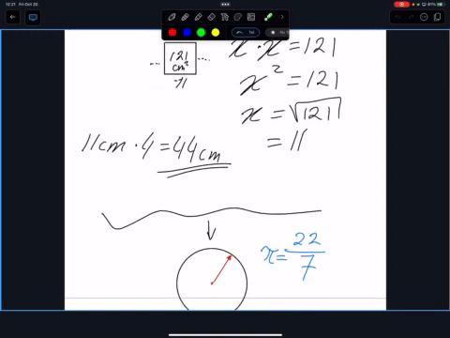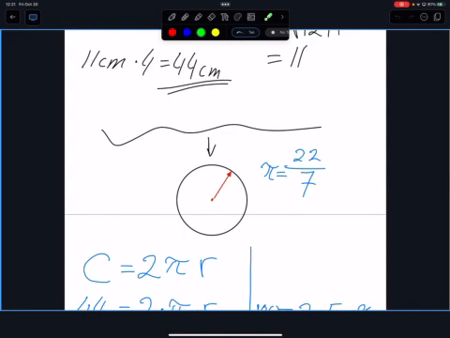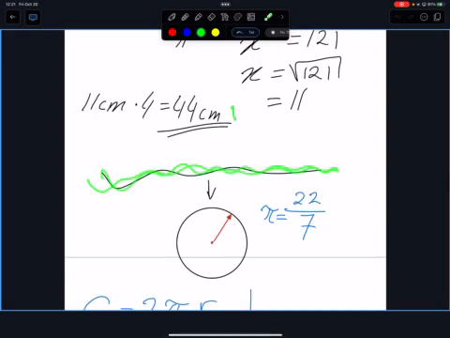That same piece of wire is then turned into a circle. And that circle, they would like to know the radius of said circle. In order to make this specific exercise, what do I need to know? The formula of the circumference of a circle. Why? The length of that piece of wire is what? 44 centimeters.